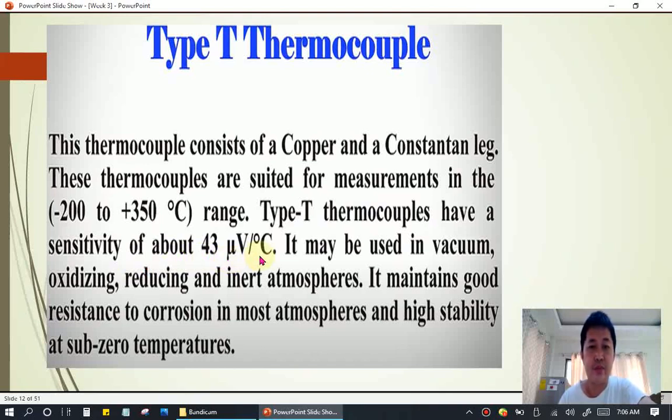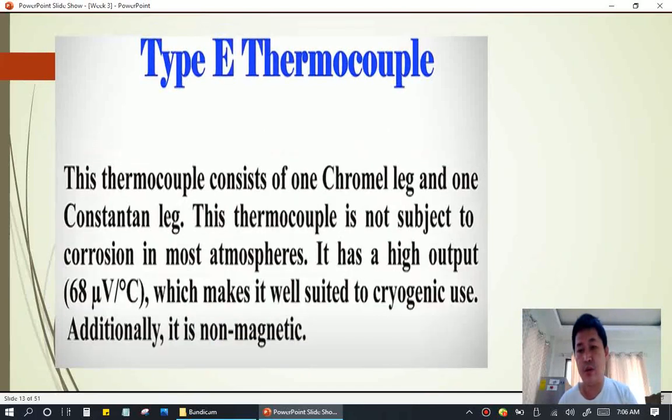So it may be used in a vacuum, oxidizing, reducing, and inert atmospheres. So it maintains good resistance to corrosion in most atmospheres and high stability at sub-zero temperatures. So we just read first the different types of thermocouples, and we discuss later on the other important information regarding thermocouples.